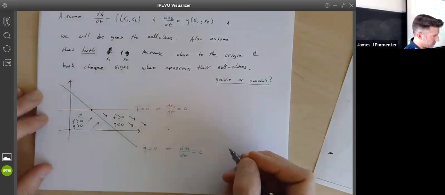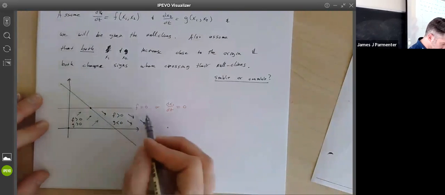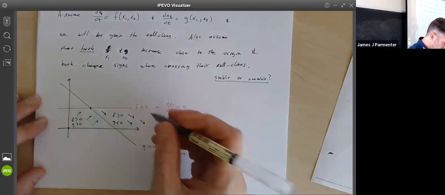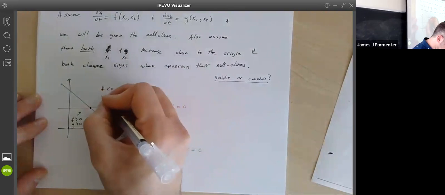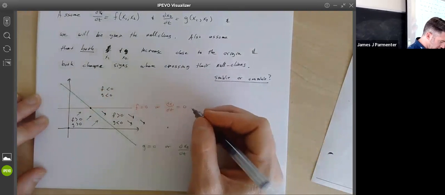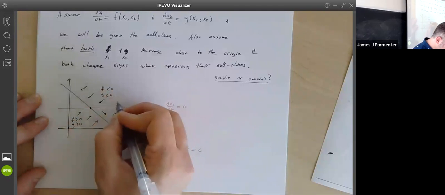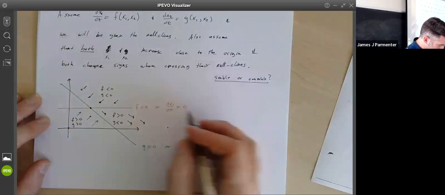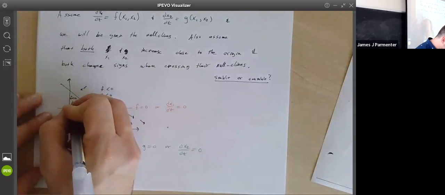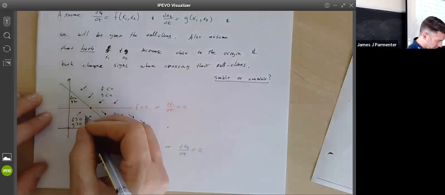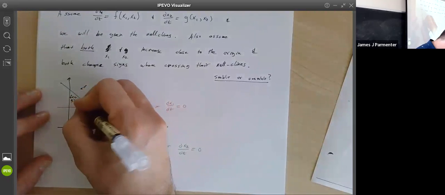Then up here, when we cross F, F's going to change, and we're going to have F being negative and G being negative. So we're now going down to the left. And finally, over here, G is going to change again. We're going to have F being negative, G being positive. So we're going left and up.